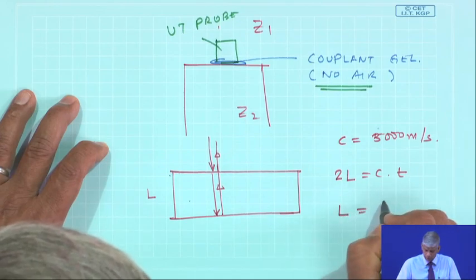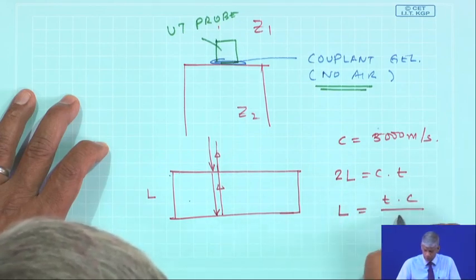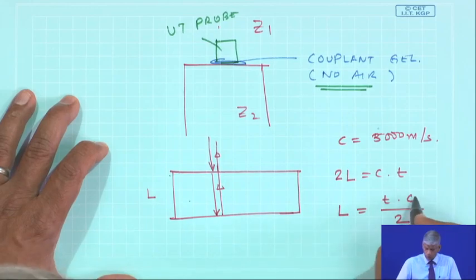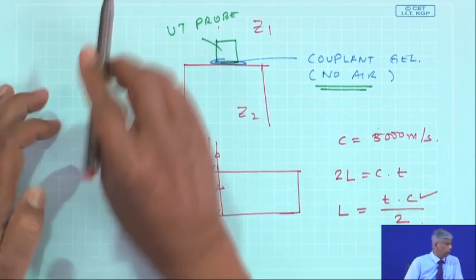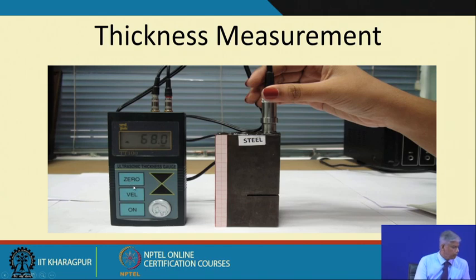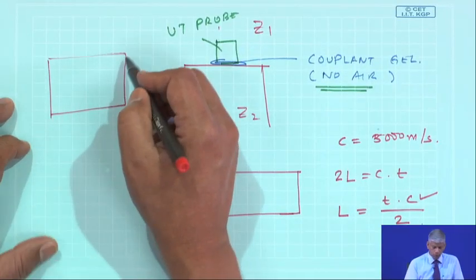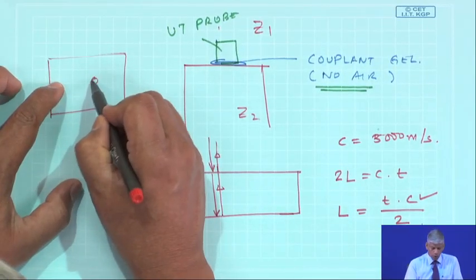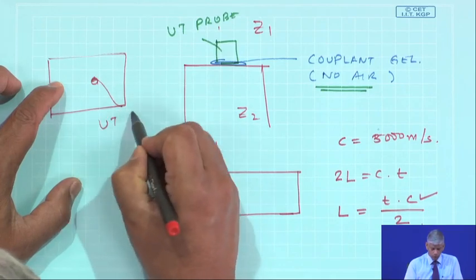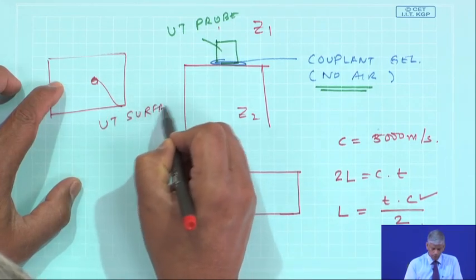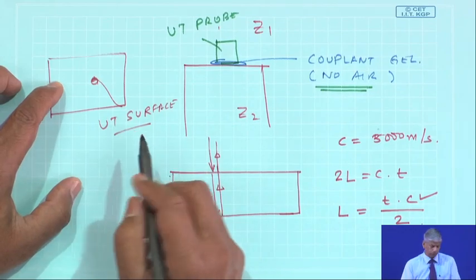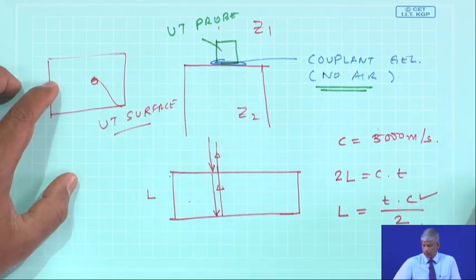So, I can find out L as T times C by 2. This is what this circuitry would measure, and then I can find out the thickness. Now, this is a demonstration, but in the laboratory we have a machine. Obviously, from the outside we cannot measure its thickness. All you do is put a UT probe on its surface, and then we can find out. In this case it is 1.7 mm.